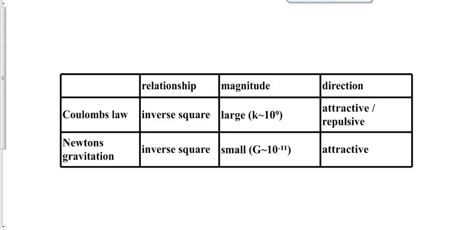Somebody in the last class asked about antimatter. Well, antimatter isn't opposite mass. Antimatter is just same mass, opposite charge. So you've got an electron that has a mass of 9.11 times 10 to the minus 31 and a charge of -1.